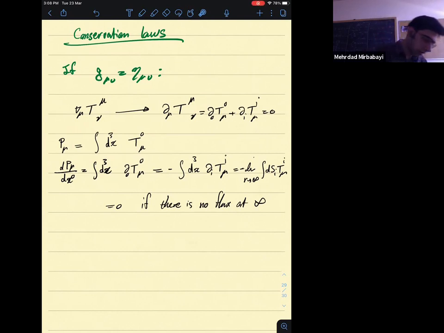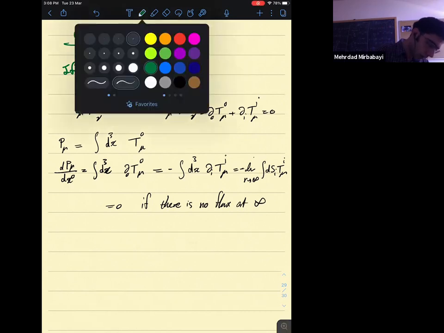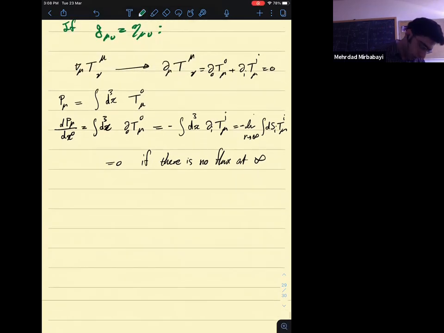However, generically, on a curved manifold, on curved spacetime, this step cannot be done.